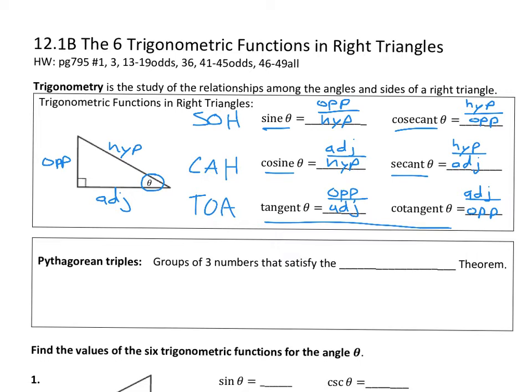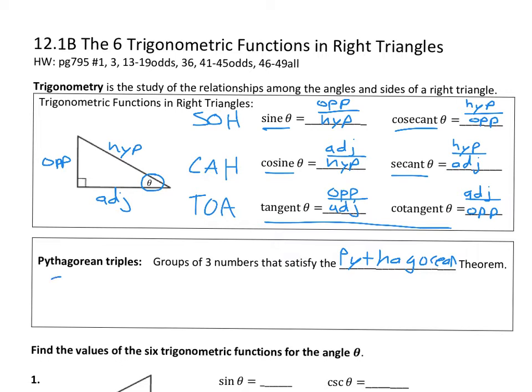Alright, so for a lot of these triangles, you're going to need to do the Pythagorean theorem. So let's review some Pythagorean triples. Pythagorean triples are sets of numbers that satisfy the Pythagorean theorem.